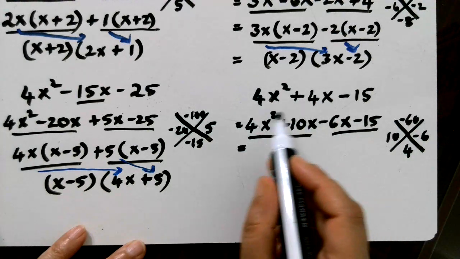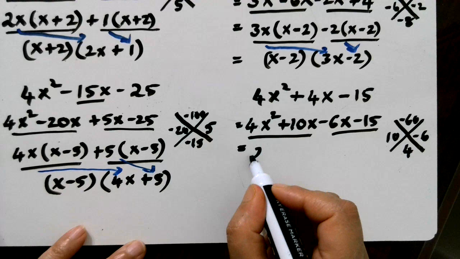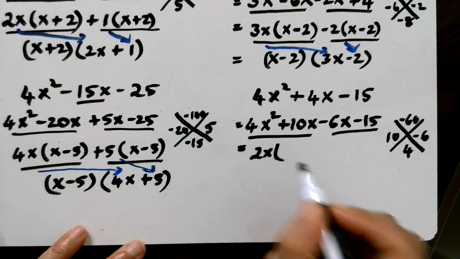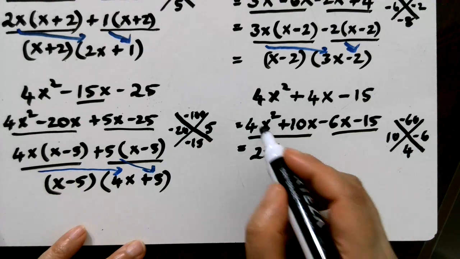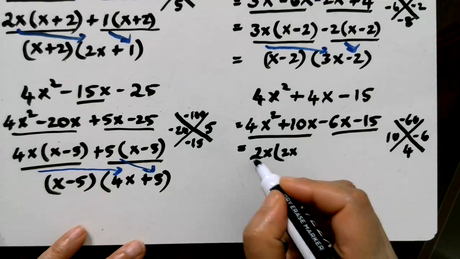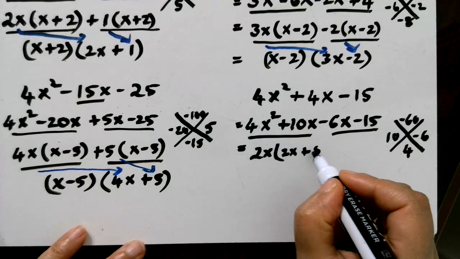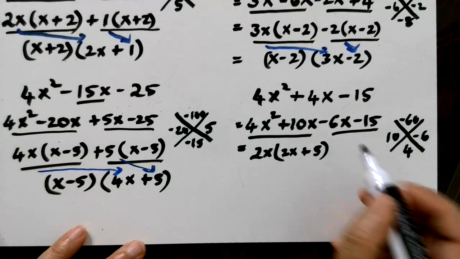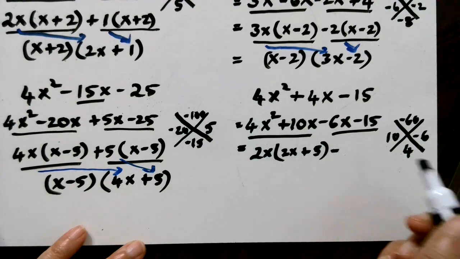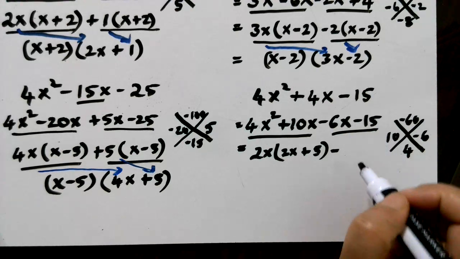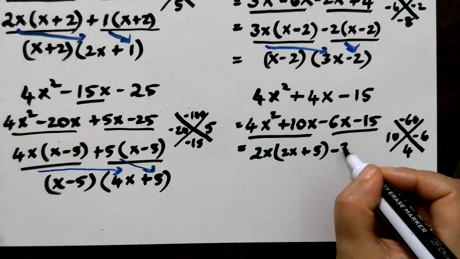In the first group, we know that 2x is the greatest common factor. If we take 2x, we'll be left with 2x plus 5, because 2x times 2x is 4x squared plus 2x times 5 gives us a 10x. And for minus 6x and minus 15, the greatest common factor is 3.